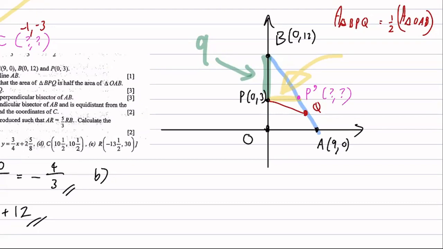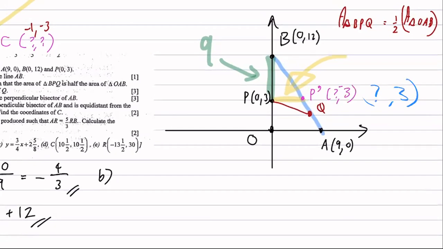How do you find the coordinates? Can you tell straight away what the coordinates of P prime are, at least for one of them? Comma 3, right? Because it's a horizontal line. Then if you know the y coordinate is 3, how do you find the x coordinate? P prime lies on AB, so substitute y equals 3 into the equation of AB.